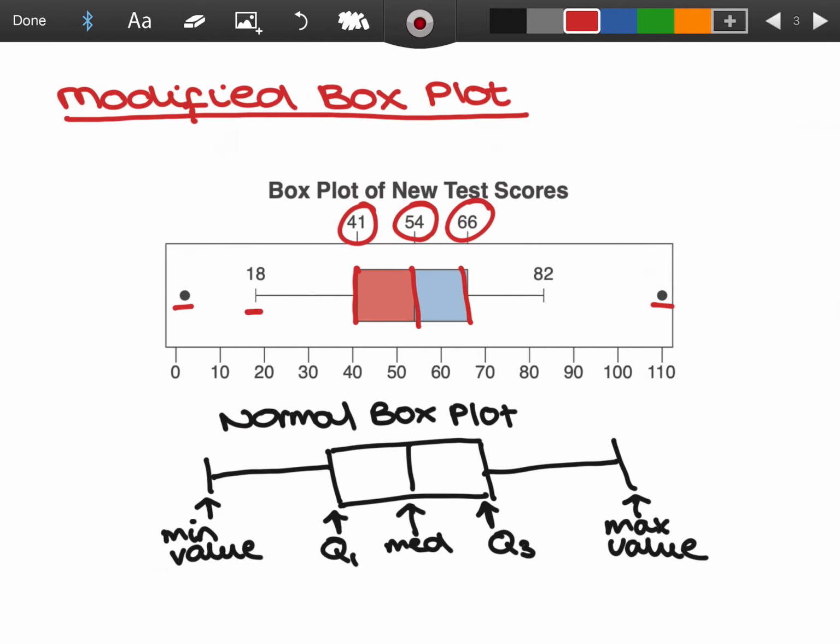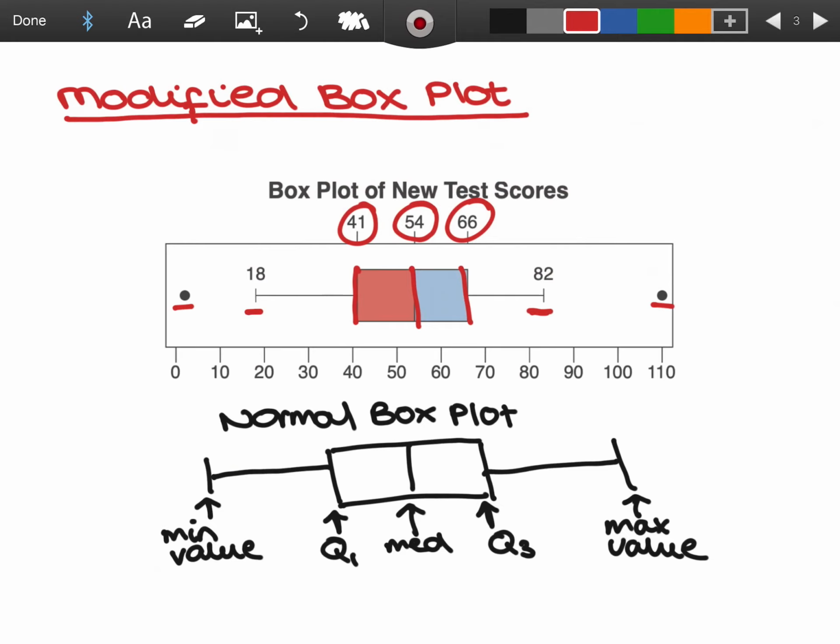So 82 is a good value and we are happy with it, and that is where our whisker goes out to for our maximum value. So a modified box plot just stars out where the outliers are, and then the whiskers just go out to the next smallest and next largest data point that are within the good range that we like to look at.